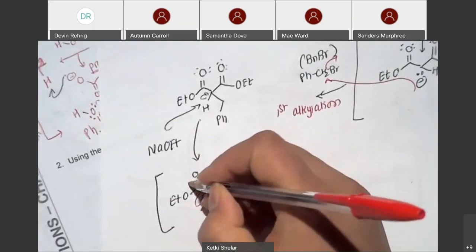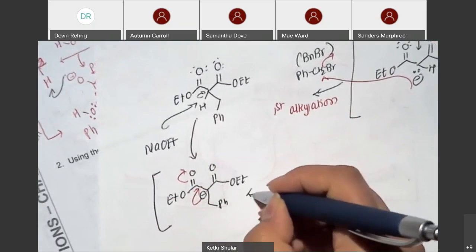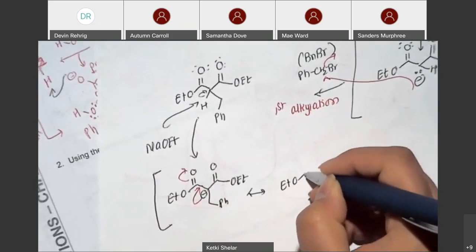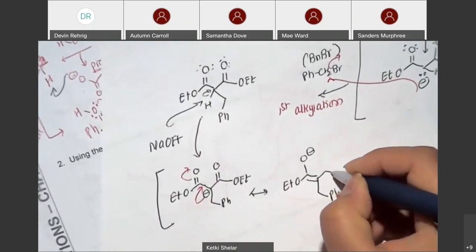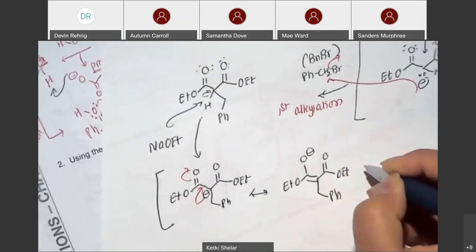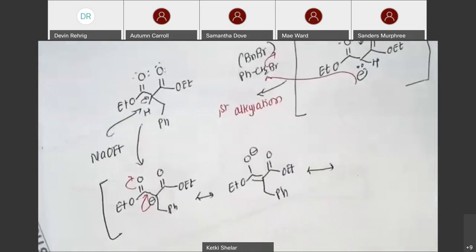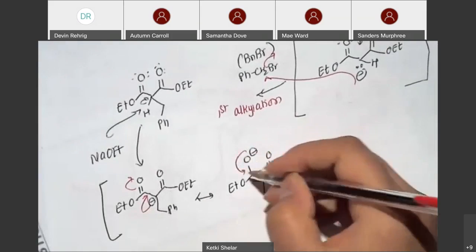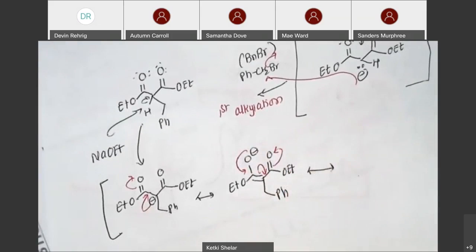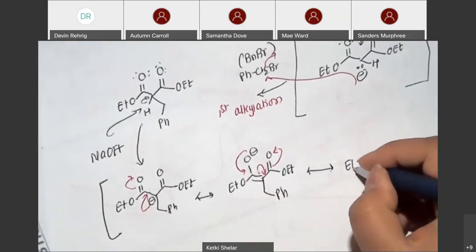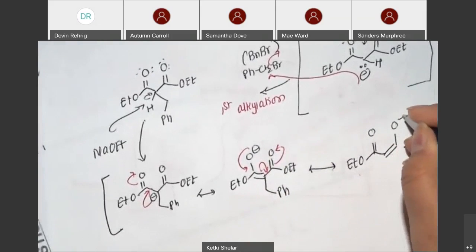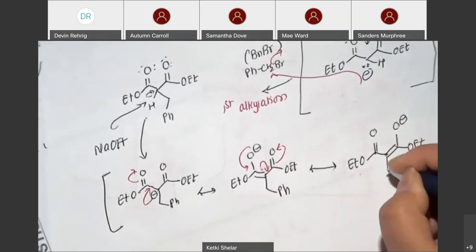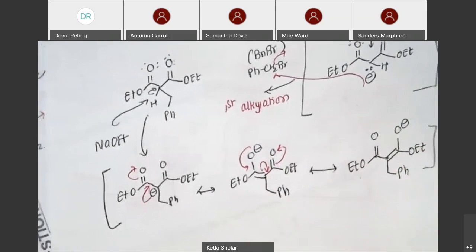For this, it will go here, it will go here, and it will form the next resonance, where this is going here, this is going here, this is going there. Those are the 3 resonance structures.